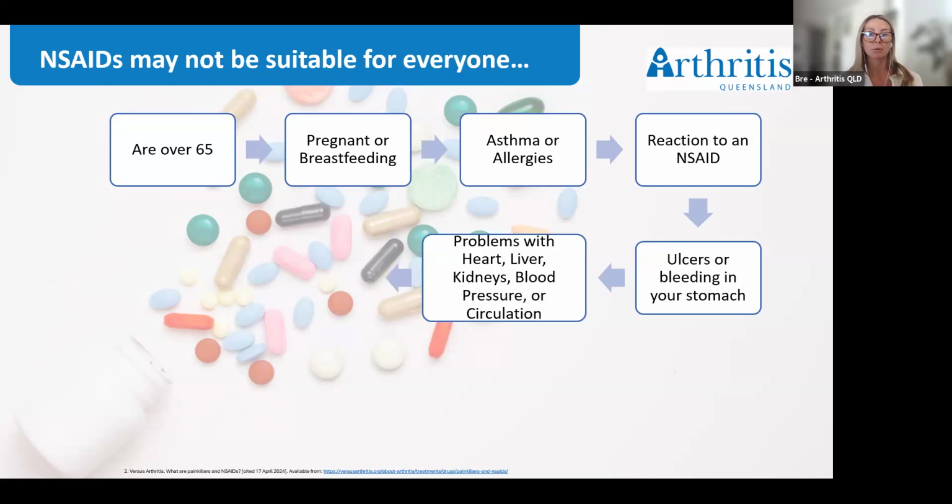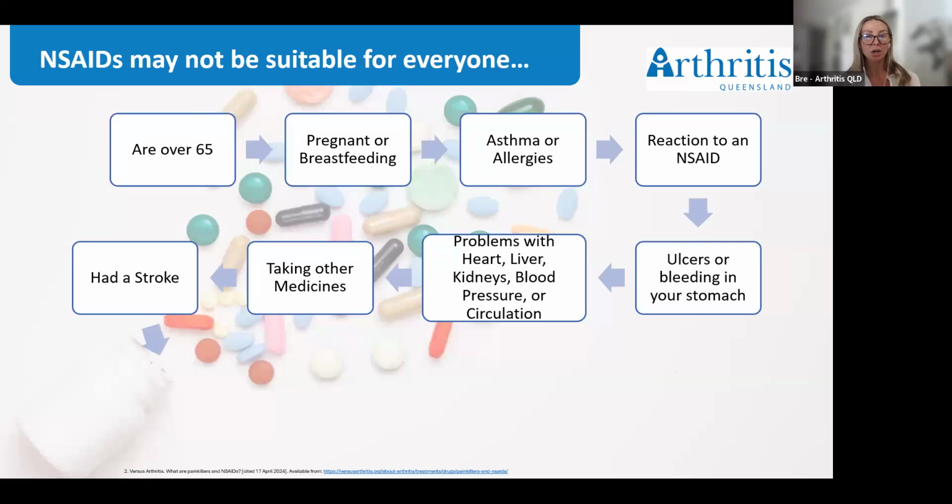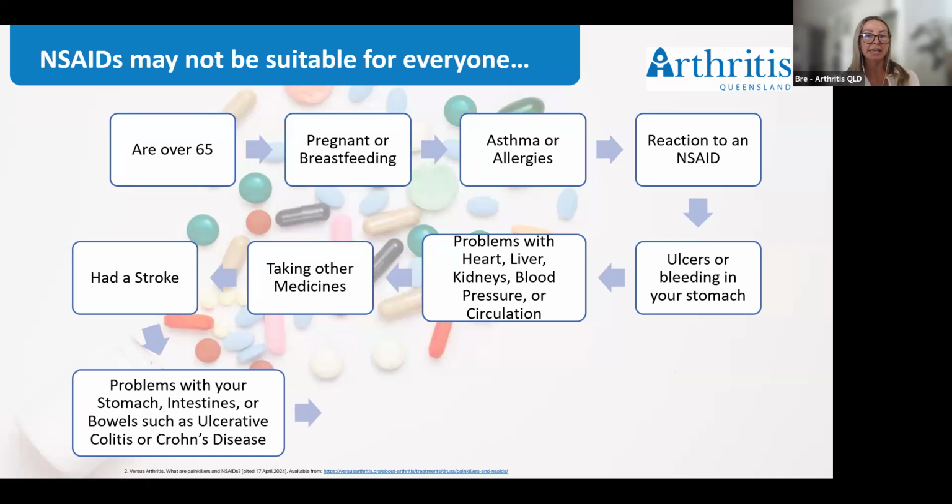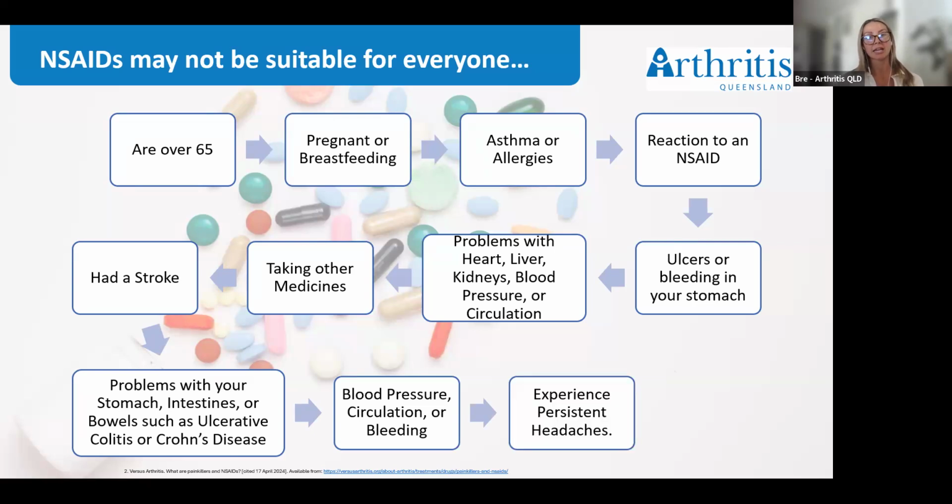Also if you've had any problems with your heart, liver, kidney, blood pressure or blood circulation, if you are taking other medicines, if you've had a stroke or problems with your intestines or bowels, such as ulcerative colitis or Crohn's disease, and if you experience persistent headaches.